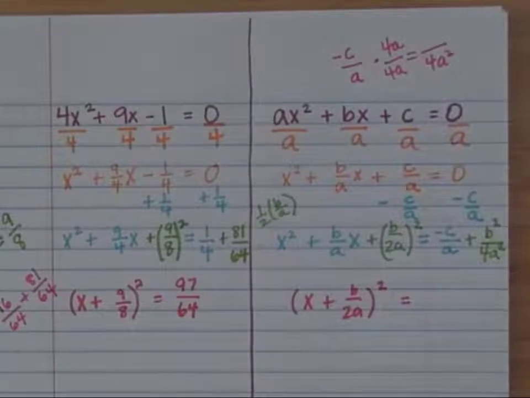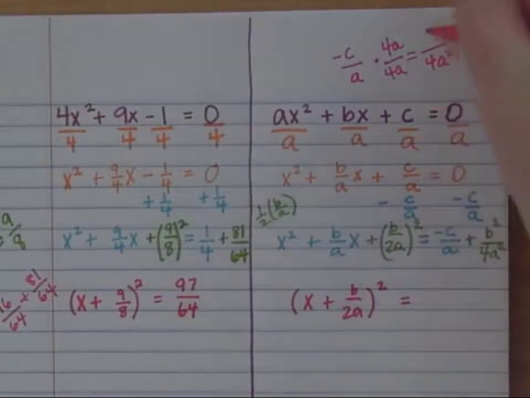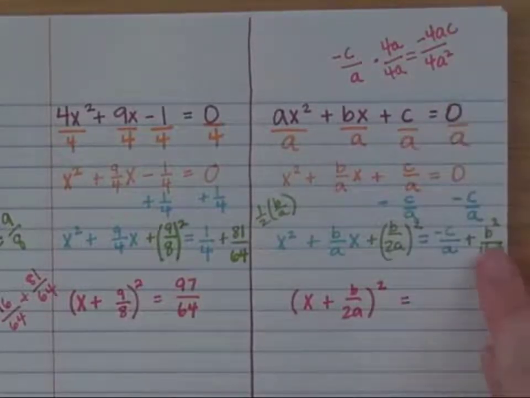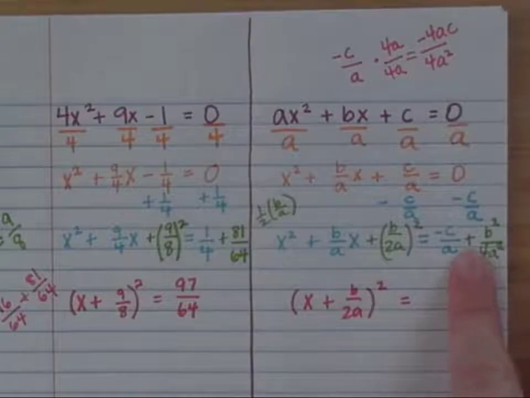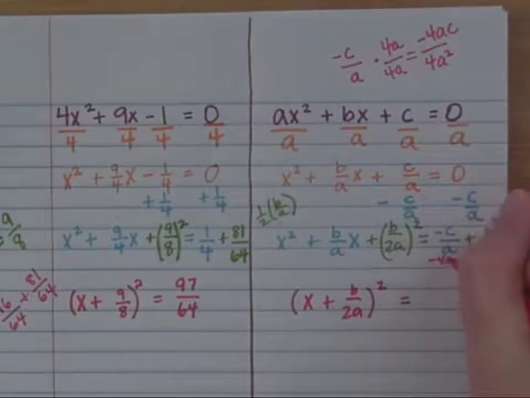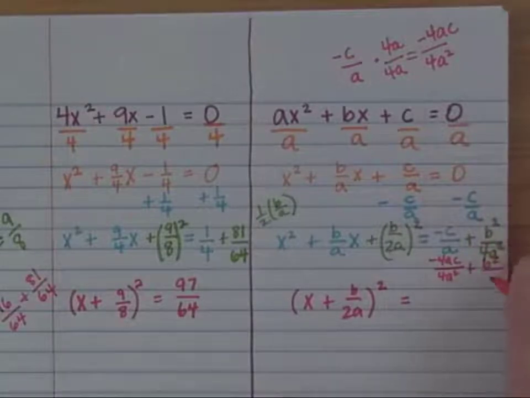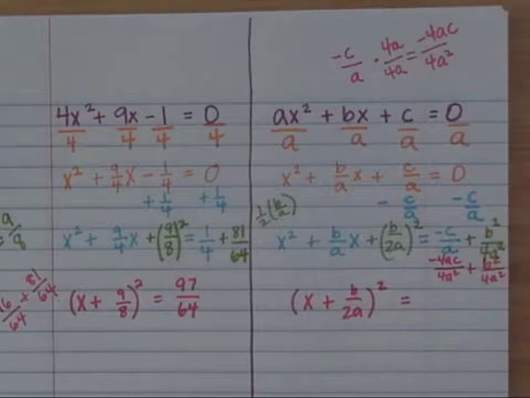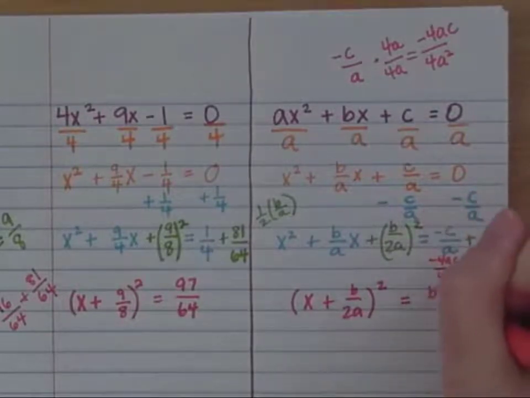So multiplying it by 1, so I'm not changing the value. So this is negative 4ac over 4a squared. Okay. We're adding b squared over 4a squared. Now, bear with me. Instead of writing negative 4ac plus b squared, I'm going to write my b squared first because I don't like to have a leading negative if I don't have to.